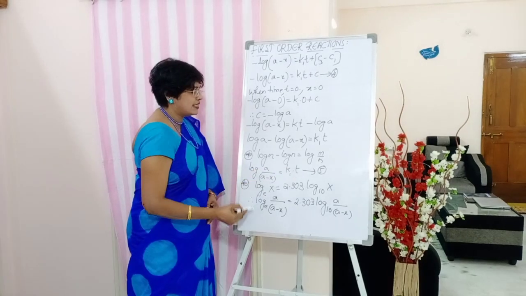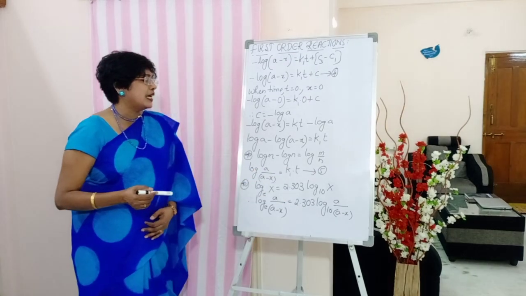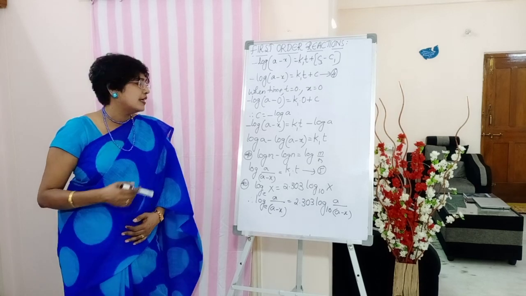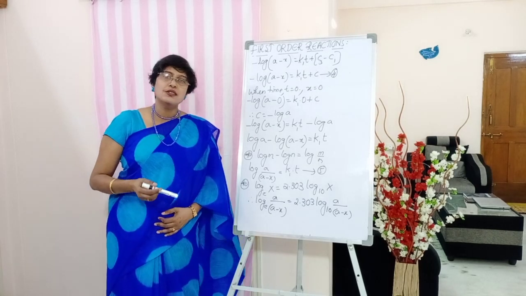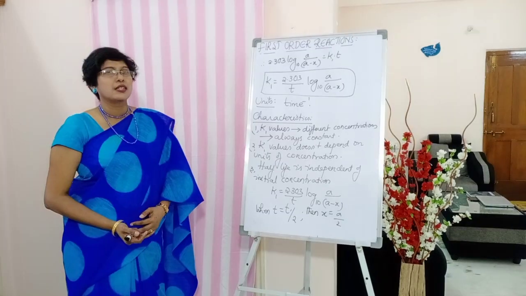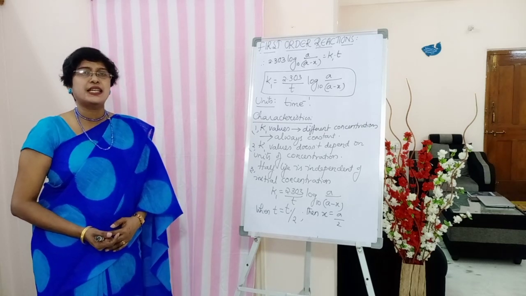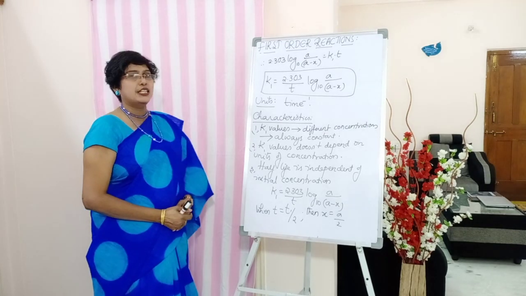Now what you are supposed to do, write down the next step. 2.303 log of a by a minus x base 10 is equal to k1 into t. Will you be able to write? So students, 2.303 log of a by a minus x base 10 is equal to k1 into t.